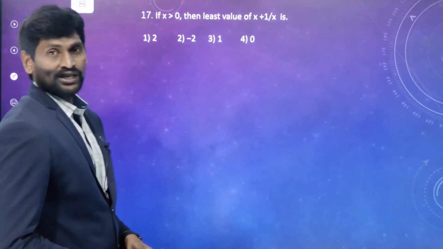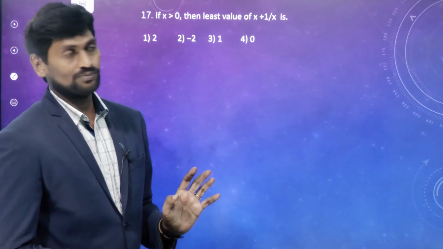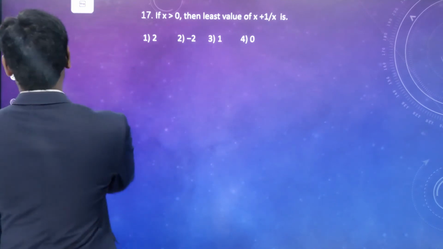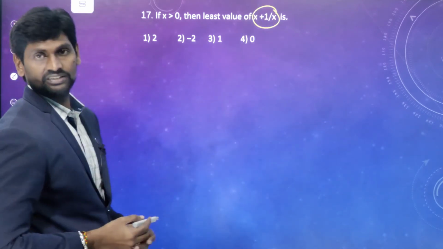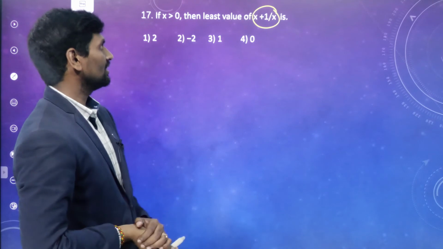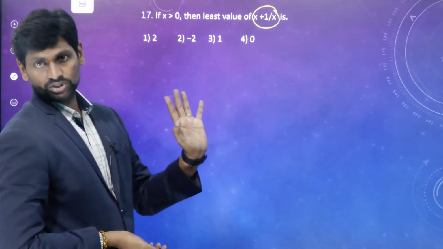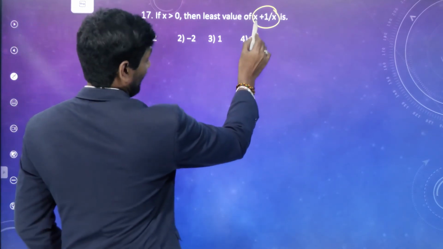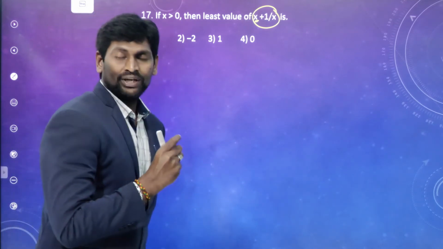Right. So x value is greater than 0. That means x value should be a positive value. Then what is the least value of x plus 1 by x? Let us substitute. The x value we should take only positives. If you take the value 0 in the place of x, it is immediately not allowed.